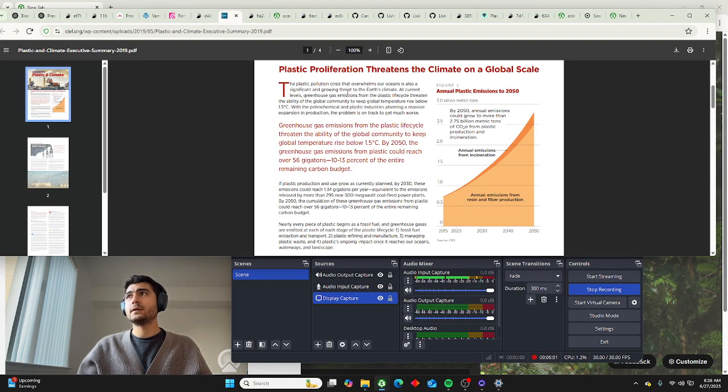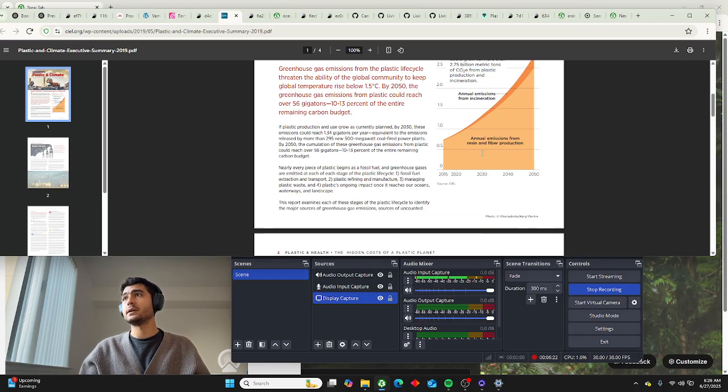We have another presentation here about how it threatens the climate on a global scale. As you can see, by 2050, if we keep doing this, emissions could grow to more than 2.75 billion metric tons of carbon dioxide from plastic production and incineration.